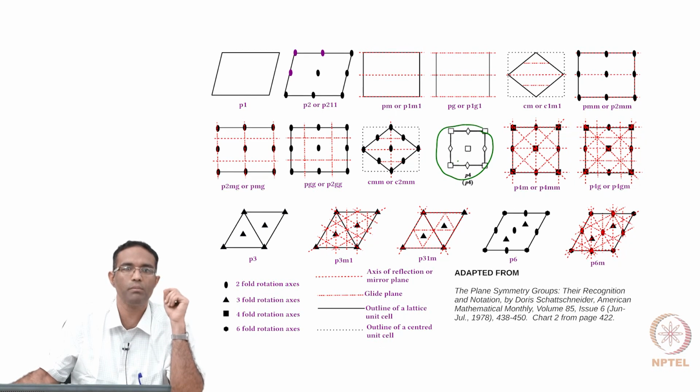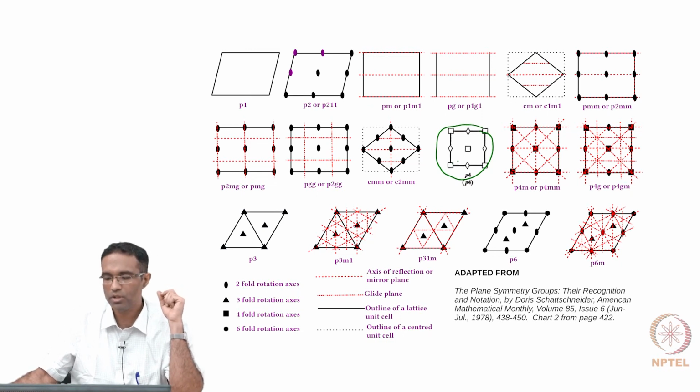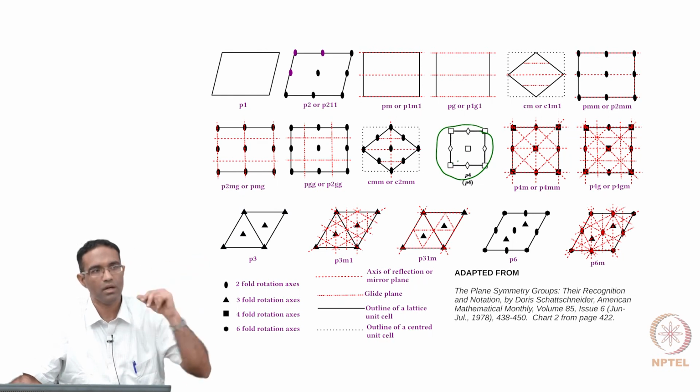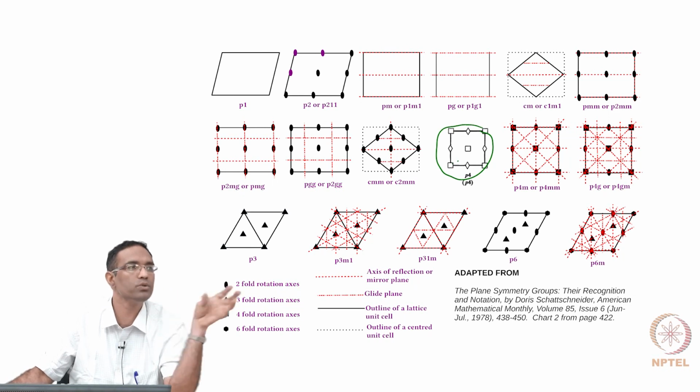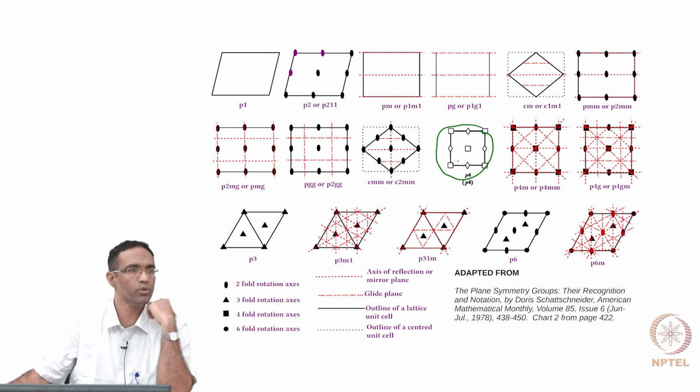They were all equivalent by that symmetry operation. I mentioned that such points are called general points, whereas if a point lies on the symmetry element, you would reduce the multiplicity that is actually possible.